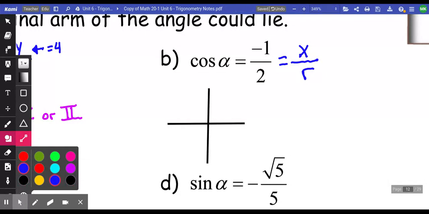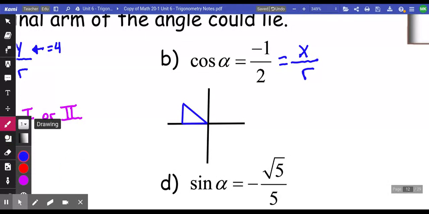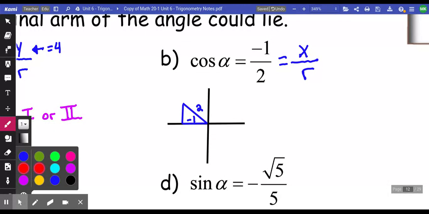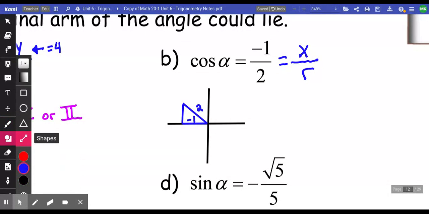The first triangle I could build like this. That triangle has an r value of 2, and the x value has gone -1. Right? Negative goes to the left. But I could also draw this triangle like this.